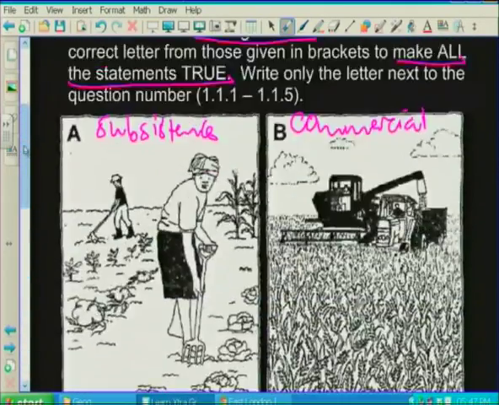Agenda 21 is the policy or the program that the United Nations put forward at the World Summit on Sustainable Development, remember, where they wanted people on a local scale to implement sustainable farming practices, sustainable resource use. And if you read the document very carefully, it talks about how do we use our resources sustainably or carefully. So the answer for this is going to be diagram A, the subsistence farmer.